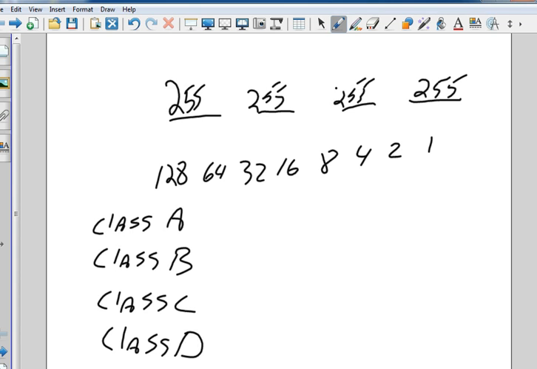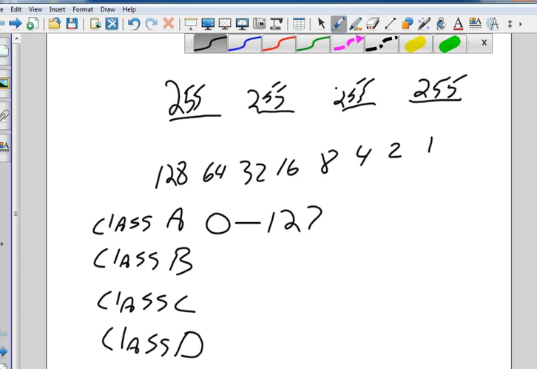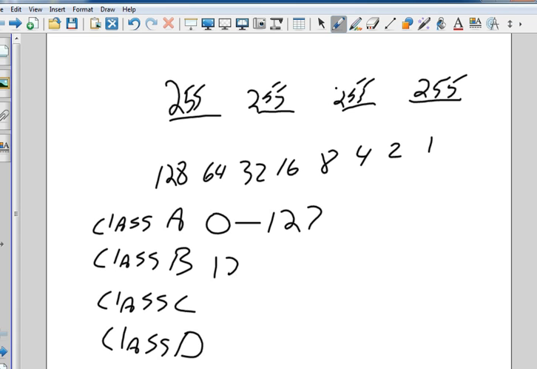So Class A starts at 0. It goes all the way to 127. So where does a Class B start if A ends at 127? 128. Now it ends at 223.